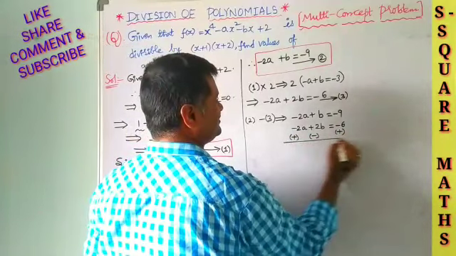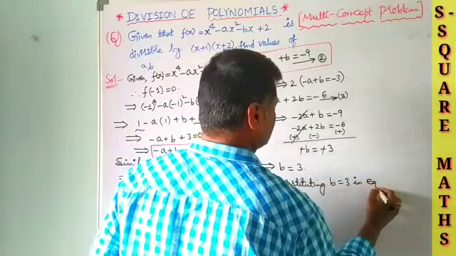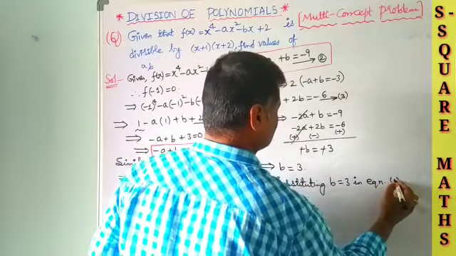So substitute the value of b in either of the equations 1, 2 or 3. But equation 1 is very simple. So now substituting b is equal to 3 in equation 1. Therefore, I can write minus a plus b is equal to minus 3.